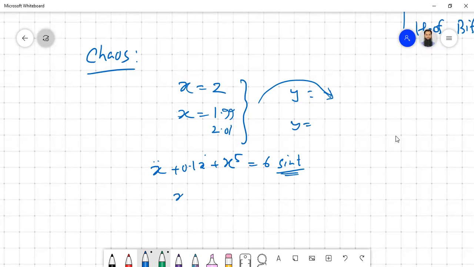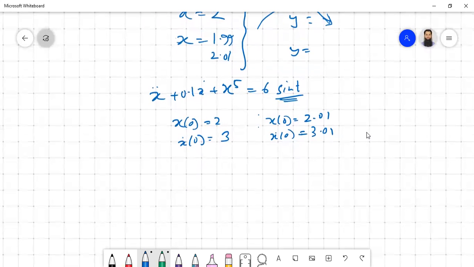They have used two initial conditions, the position x equal to 2 and the velocity x dot equal to 3. Now they have seen that if they change the initial conditions slightly, from 2 to 2.01 and 3 to 3.01, the system introduces some undesirable effects.